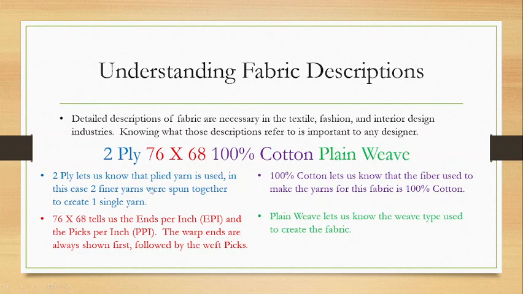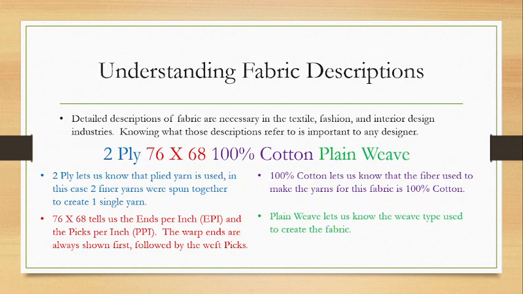Okay, cool. So now we know that this is a 2-ply fabric, that it has 76 warp yarns per square inch and 68 weft yarns per inch, and if we add those together, we get 144. So we know it has a thread count of 144 threads per inch.